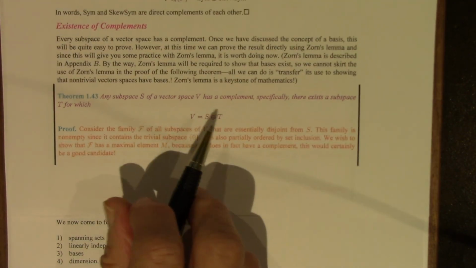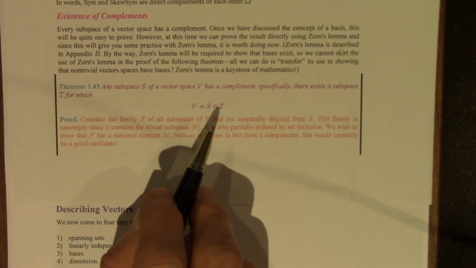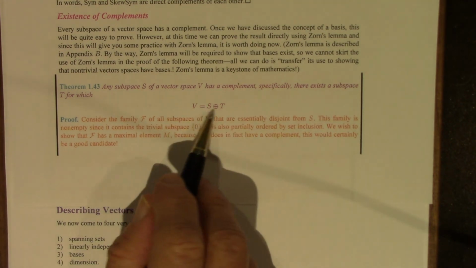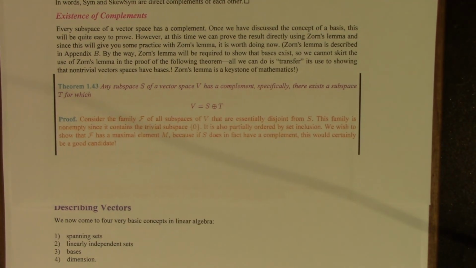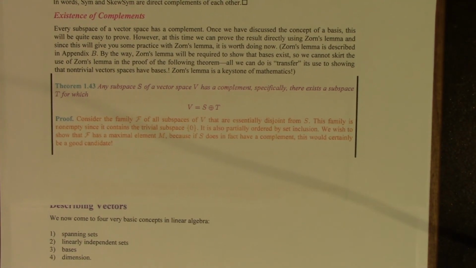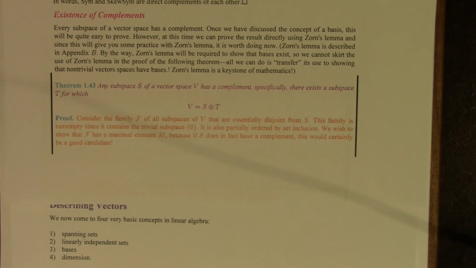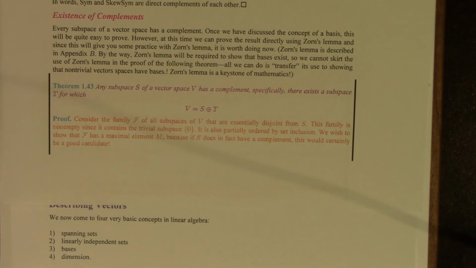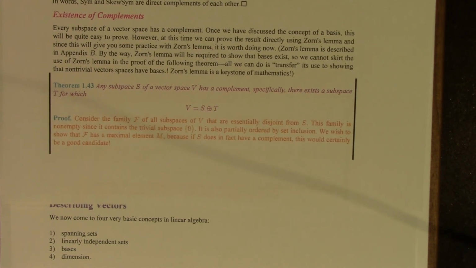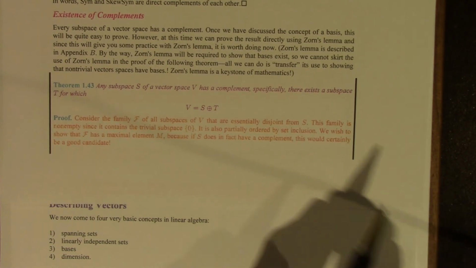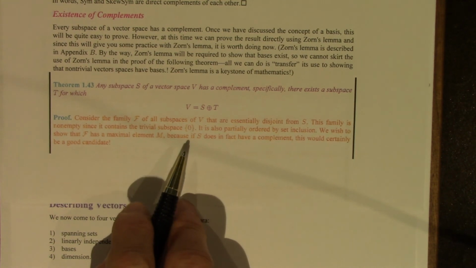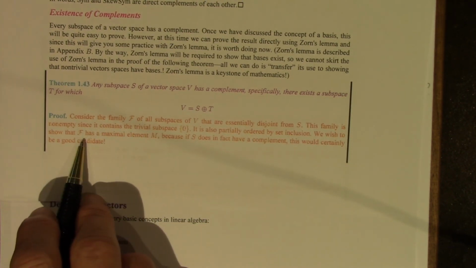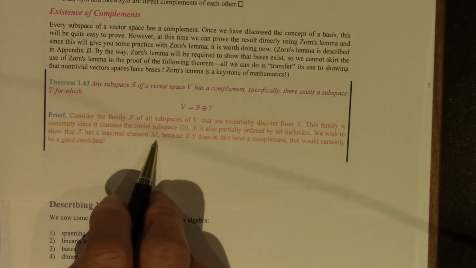First of all, that family is non-empty because the trivial subspace is essentially disjoint from S. And of course, that family is partially ordered by set inclusion, because they're just subspaces. We want to show that this family has a maximal element.